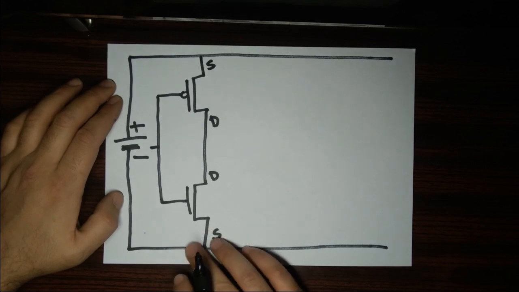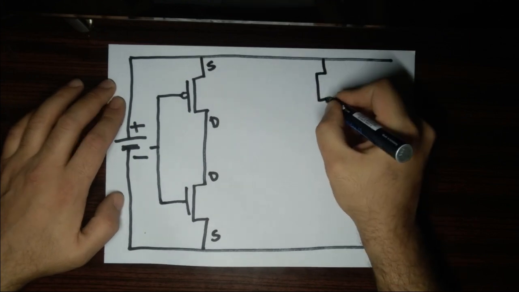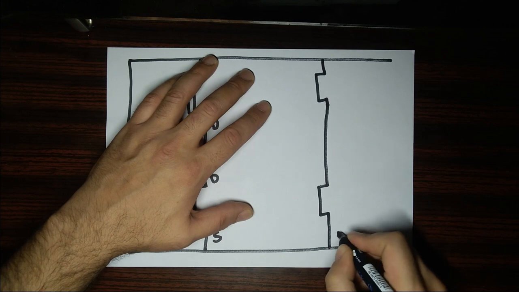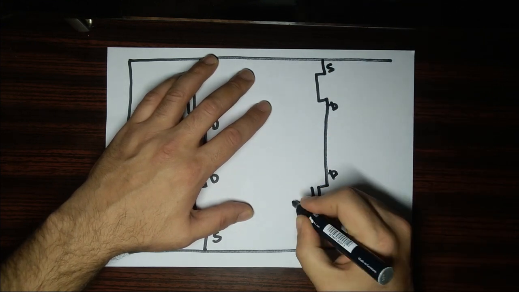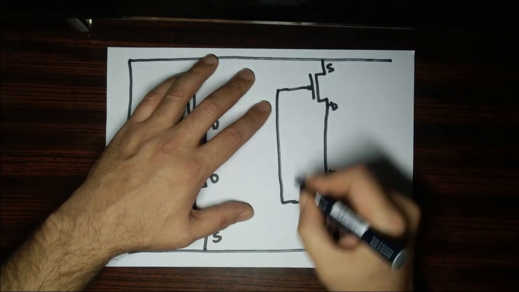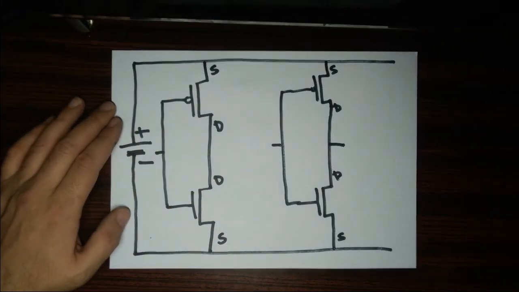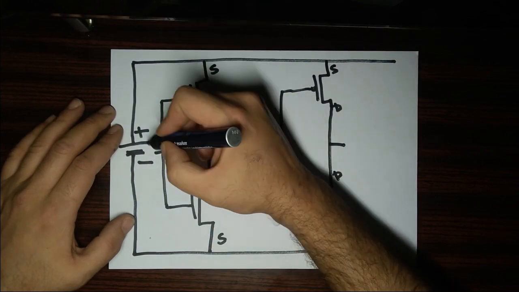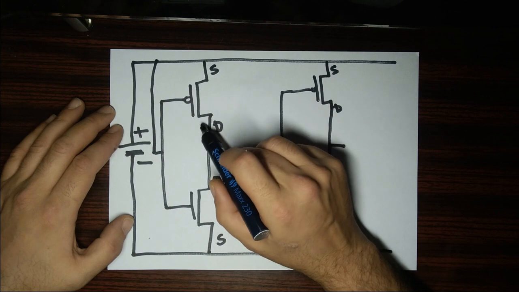Let's draw this circuit again to investigate why we have a NOT gate. If the gates are connected to the positive rail, like this, the P-type MOSFET is off.